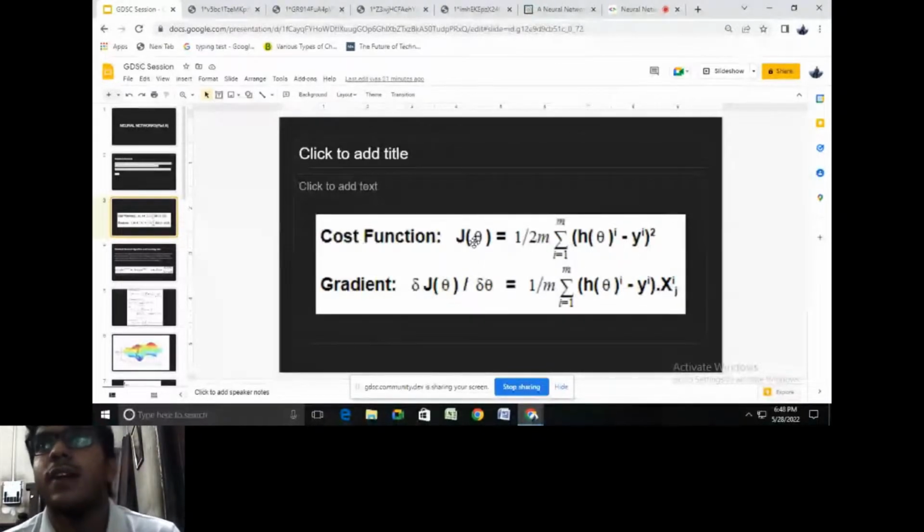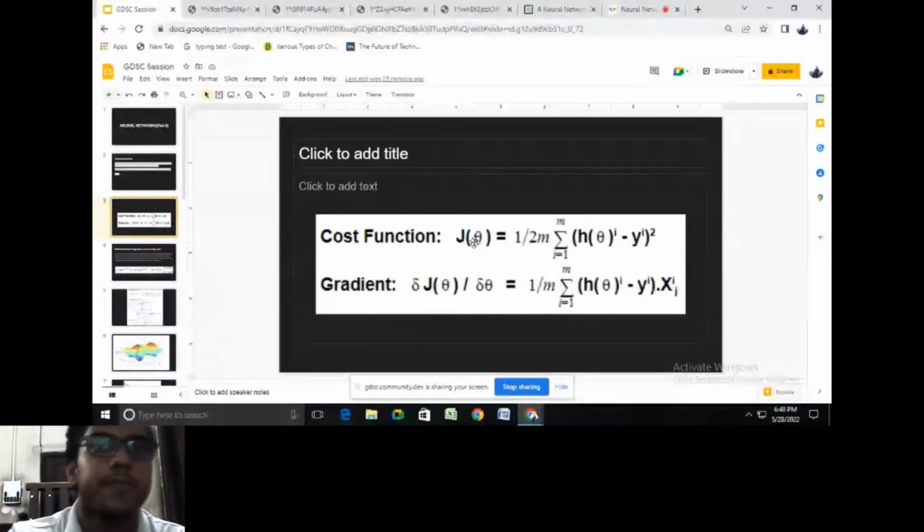Theta are the parameters which we are going to train, which the model will actually learn. This is where the machine will actually learn. What is the machine actually learning in this training process? The model is actually learning these parameters theta.